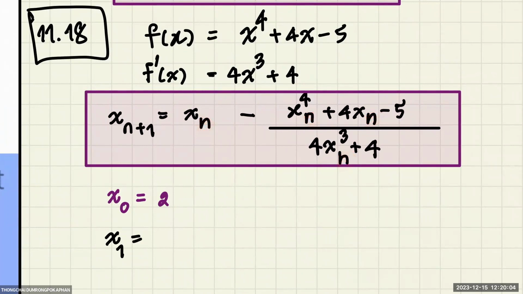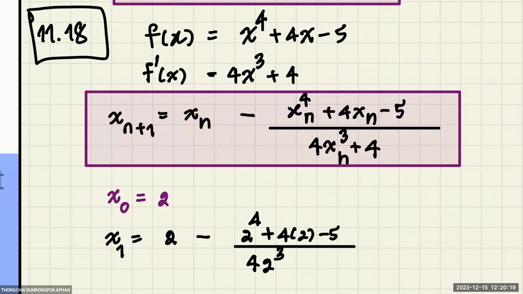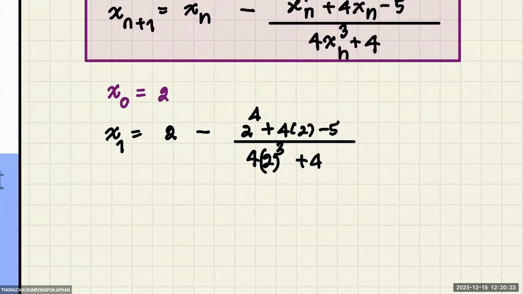So you will get 2 minus (2 to the fourth plus 4 times 2 minus 5) divided by (4 times 2 to the third plus 4). Okay? Equal to 2 minus (16 plus 8 minus 5) over 36.